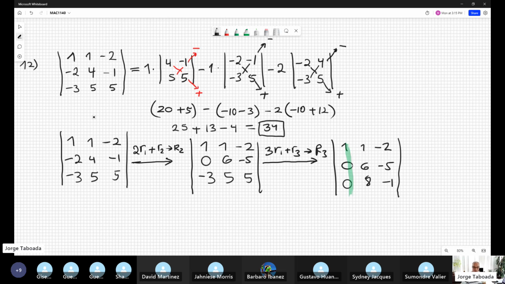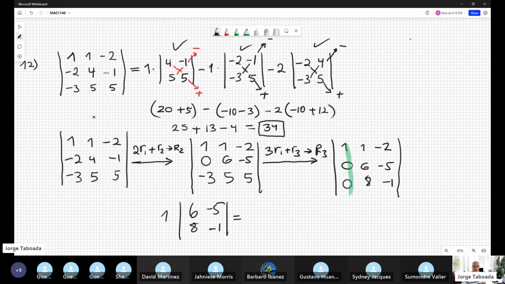Now, in order to apply this formula that contains 3 cofactors, 1, 2, 3, we have only one cofactor, which is the cofactor 1,1, which by the way is positive, and the minor associated is 6, negative 5, 8, and negative 1.